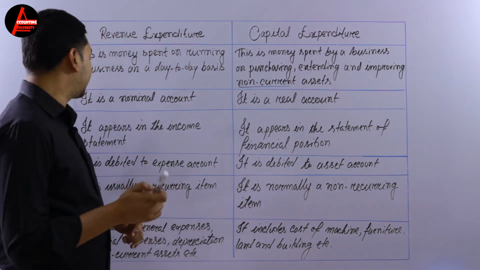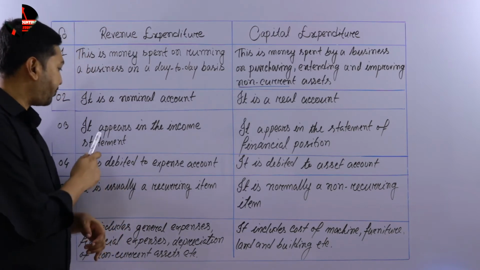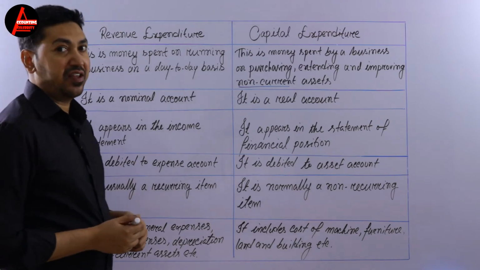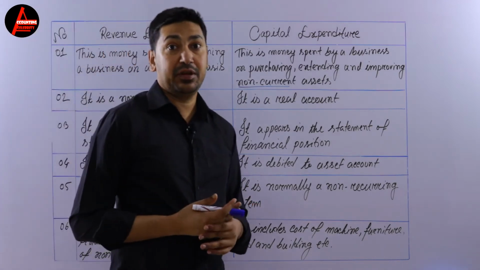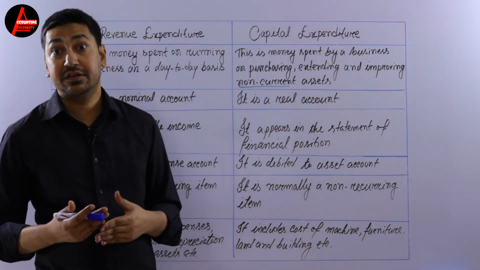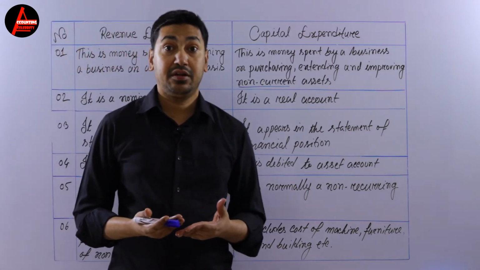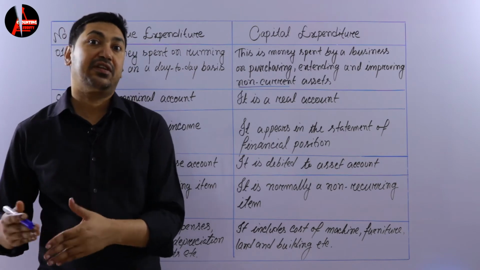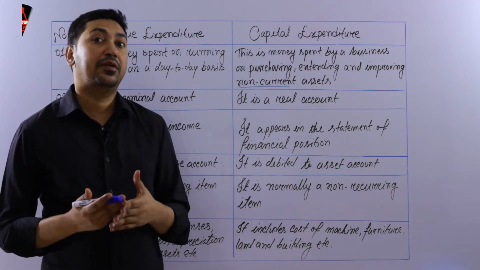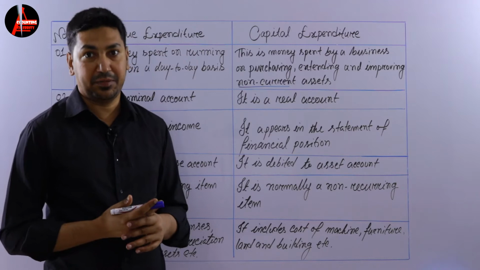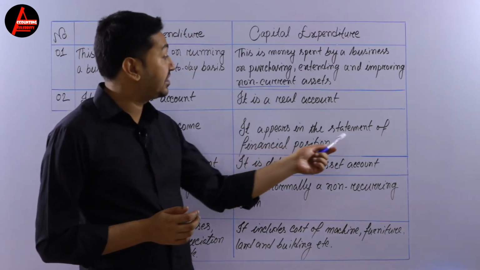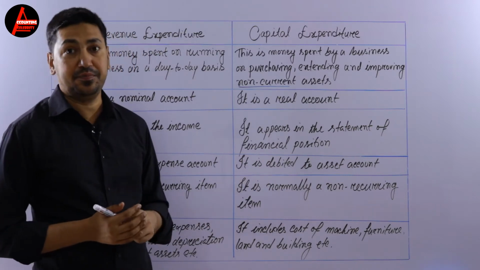Okay, next we have number 3. It appears in the income statement. What is the income statement? When a business prepares the income statement at the end of the accounting period, to know the profit or loss of the business. What about capital expenditure? It appears in the statement of financial position.